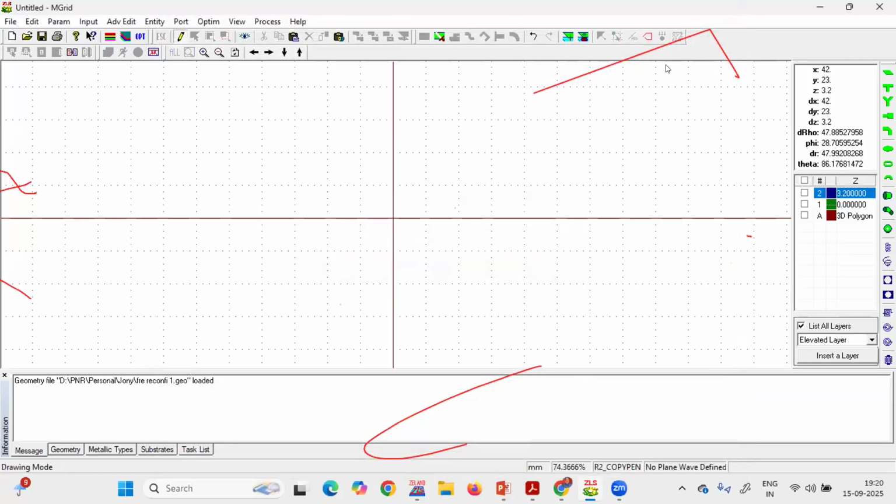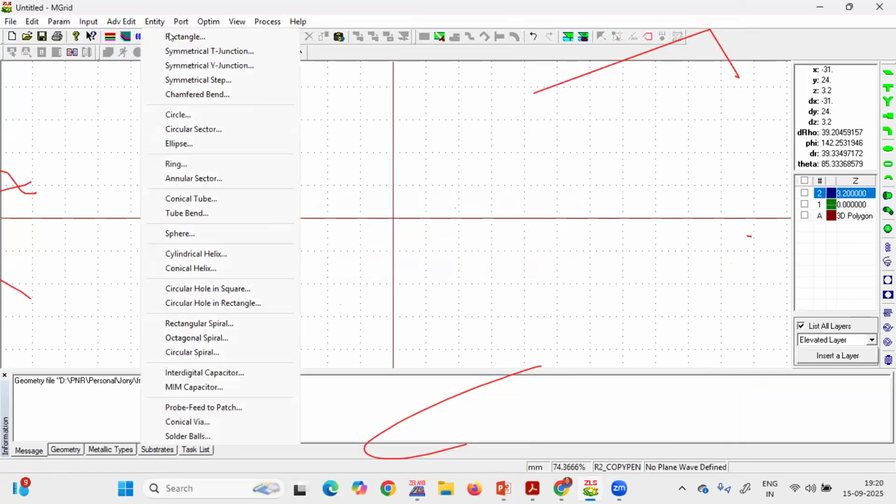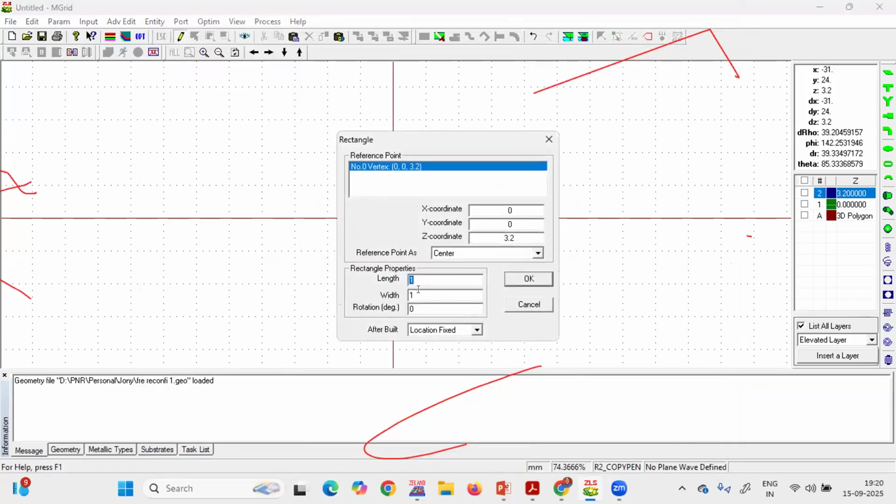Let me use a rectangular microstrip antenna of size 40 mm by 40 mm.